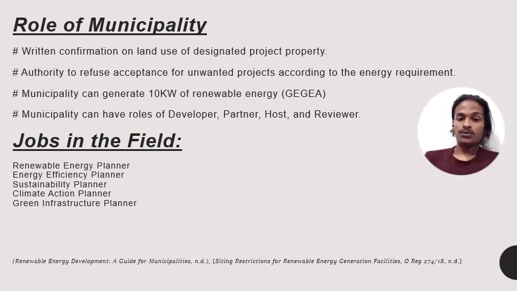So that gives a supreme hand to the municipality on green energy planning, and authority to refuse the acceptance of unwanted projects according to the energy requirements. This means if the municipality feels that this project is not beneficial or currently needed by the community, they have the authority to refuse it.